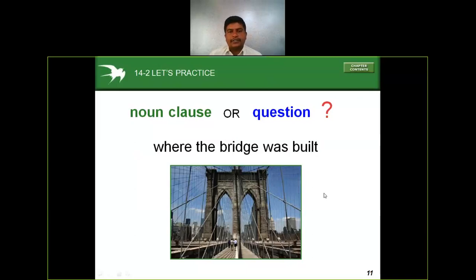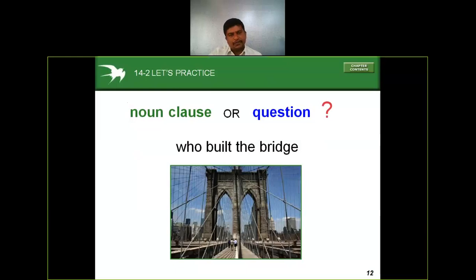Noun clause or question. Let us go with some practice. Where the bridge was built is a noun clause.